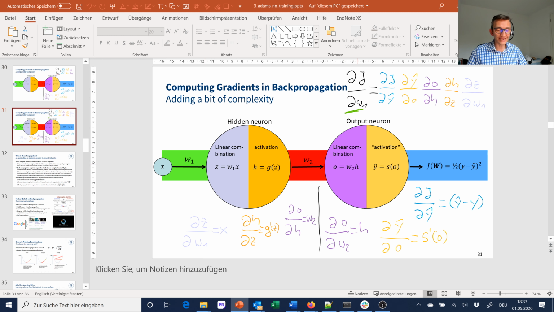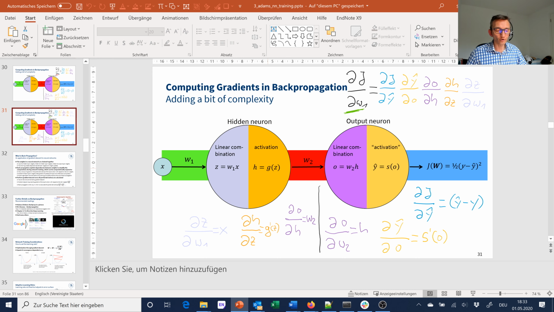That brings us to H. And then we need to go on with H. And since H in this example is the output of the hidden layer, we need to find the derivative of that output with regard to the input of the hidden layer. And their difference is coming from the activation function.